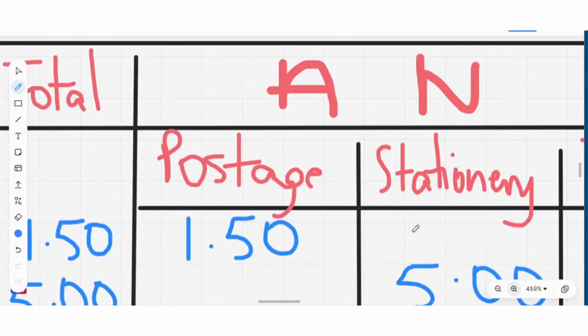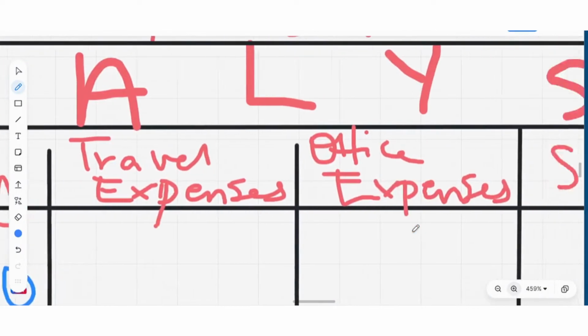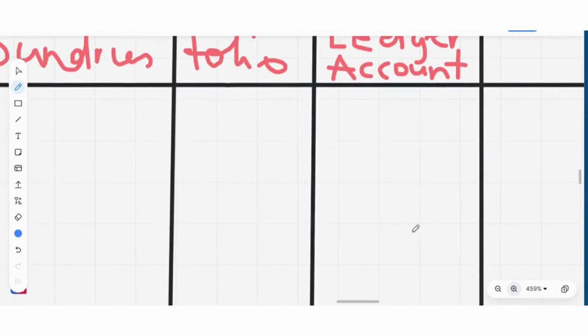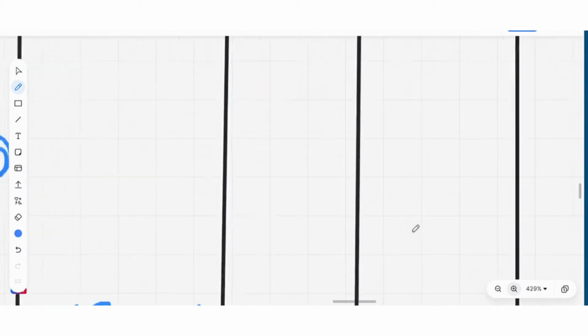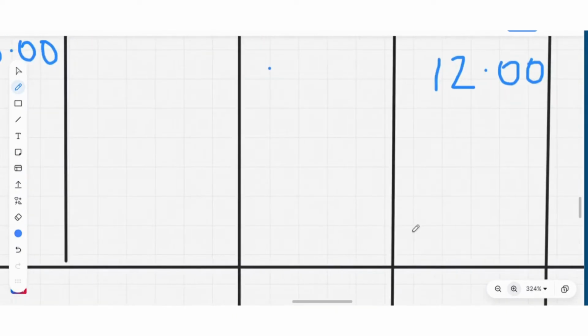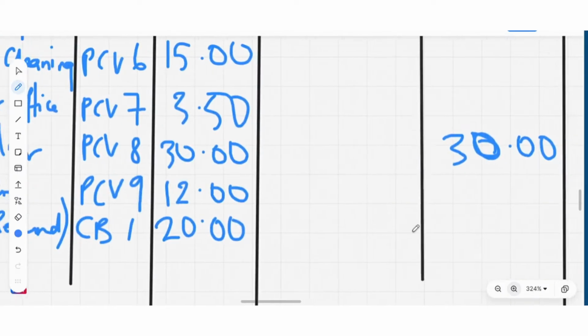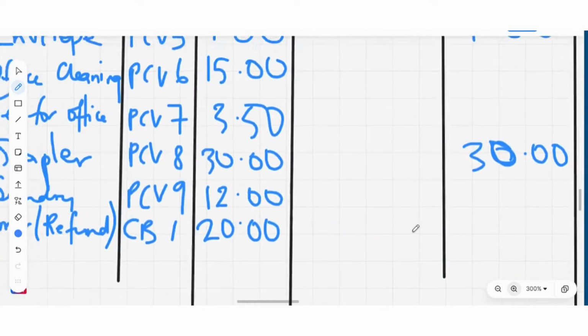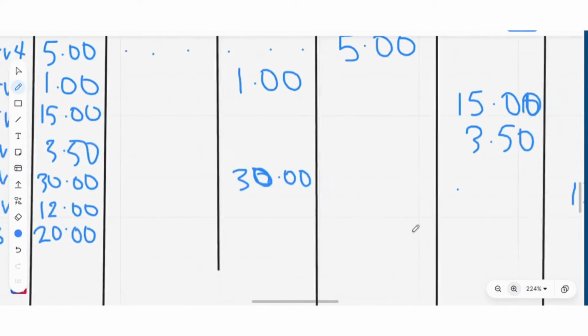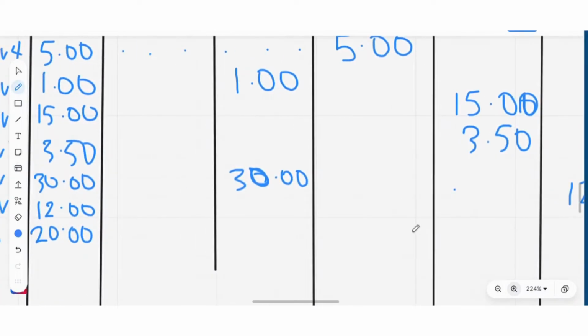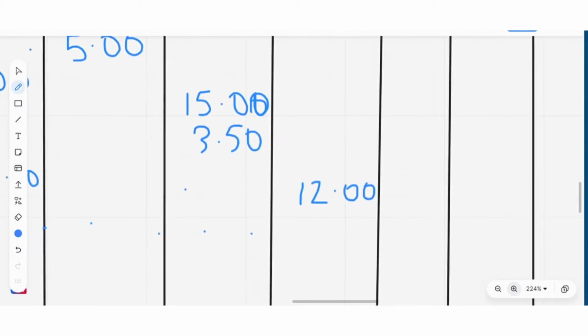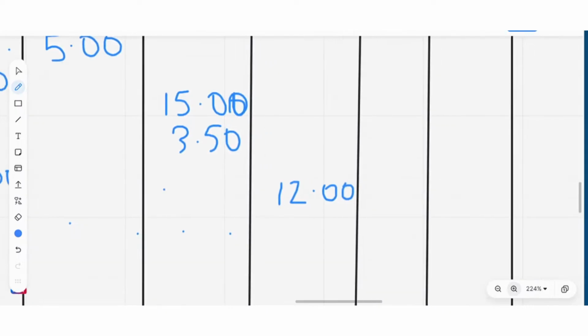Because it's not postage, not stationery, not travel, not office, not sundry. So straight over to the ledger account. As I said, don't put the dots up because I can't see the entire screen. I just want to level it a bit, you know. So the $20 will go about right here.